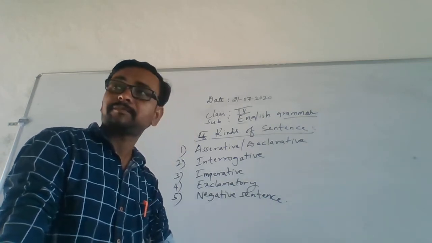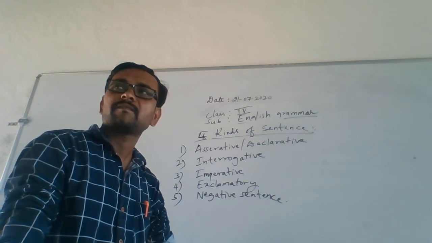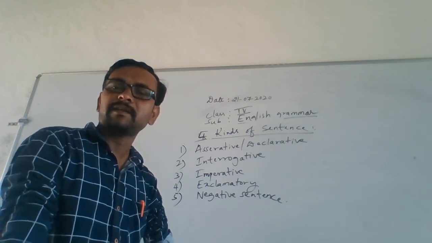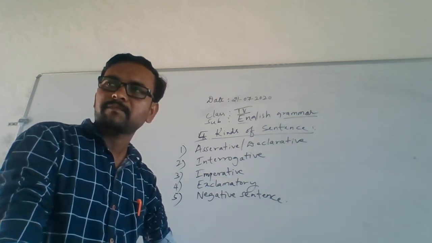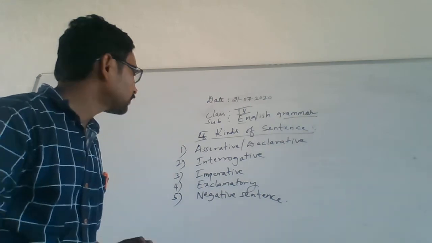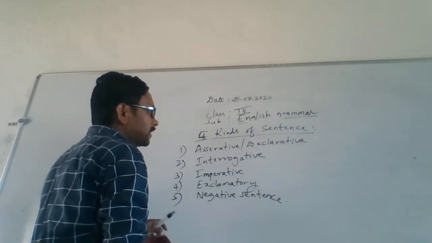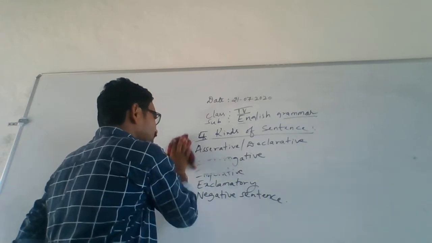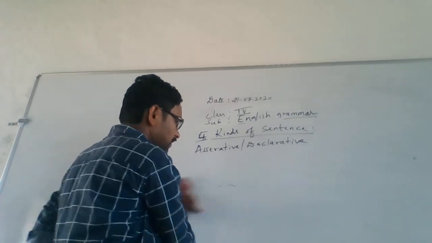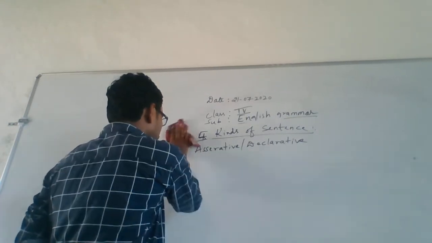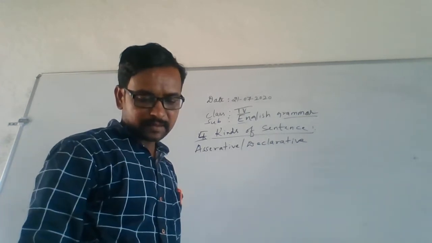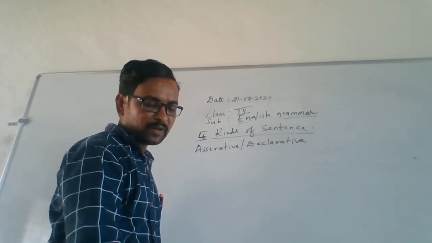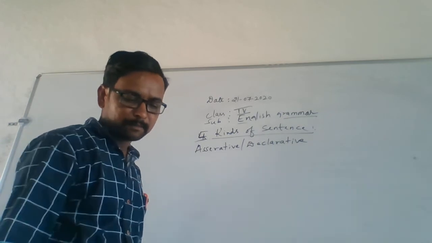Is it over? Shall I go further? Yes. Let us see kinds of sentence one by one. First one is what? Assertive sentence. Now you tell me what is assertive sentence.